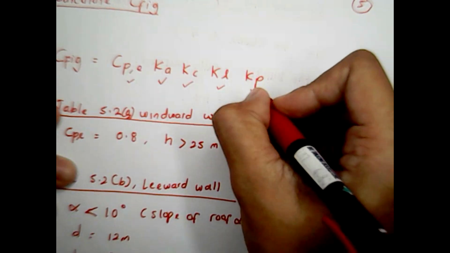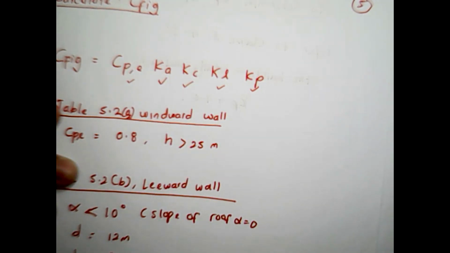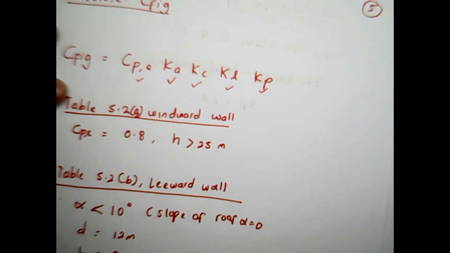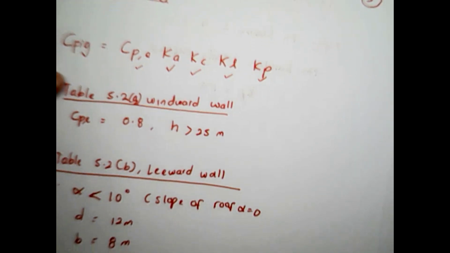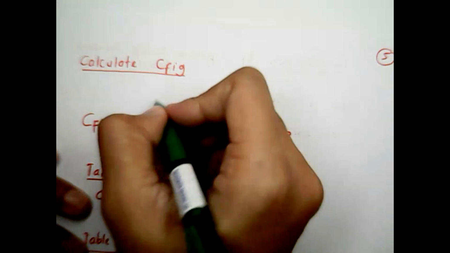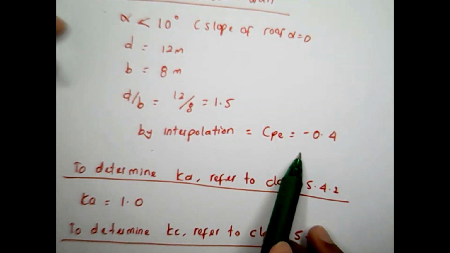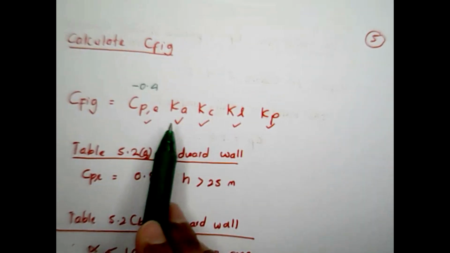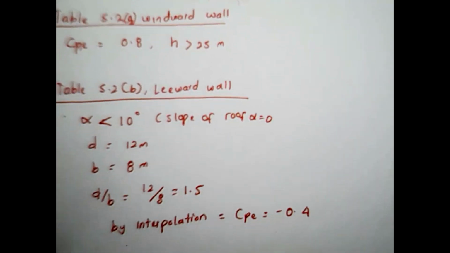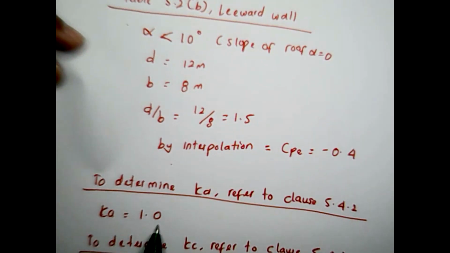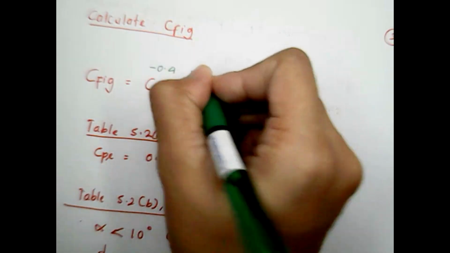So to summarize, let me use a different color. You already have your CPE, where your CPE is negative 0.4, and then your KA is taken as 1.0.